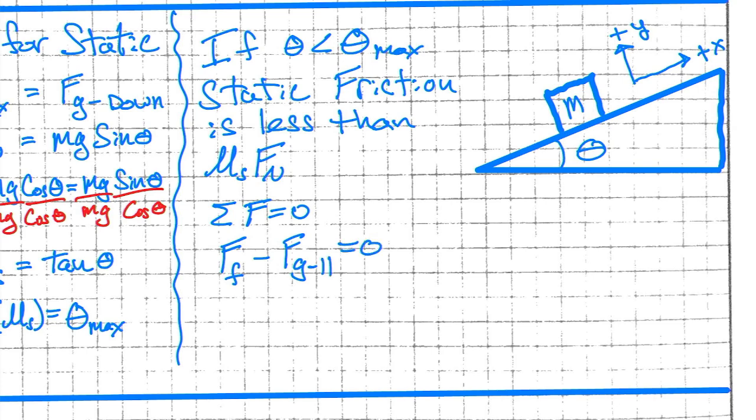That would equal 0. So in this case, the force of static friction would be equal to mg sine theta. This is any time the ramp is below the angle at which the block would normally want to flip.